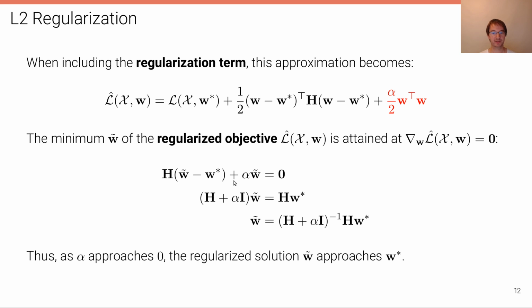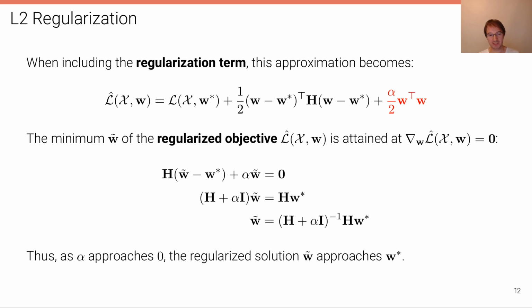Nothing has changed, it's just writing it together into one bracket times W tilde, because both H and alpha are multiplied with W tilde. Now we can take this matrix to the other side by inverting it. So W tilde, the solution, is H plus alpha identity matrix, inverted, times H times W star.